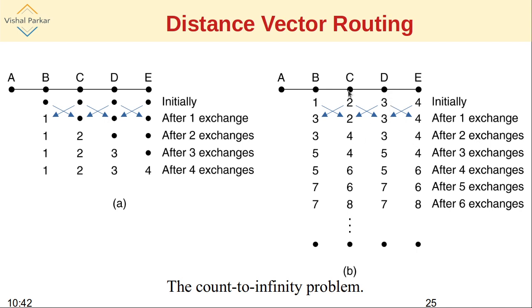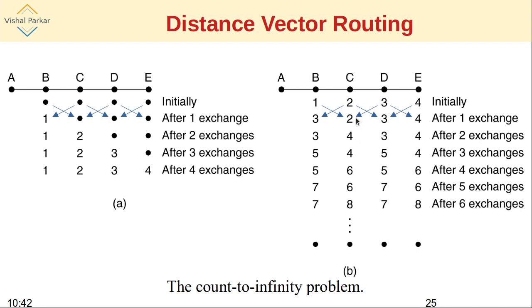That's how C knows that it can approach A through B or D, which are claiming to have a distance of 3 to A, and C can approach B or D with a hopping distance of 1. That's why C now updates the previous distance of 2 to 4 to reach A, because the hopping distance through B or through D is 4.